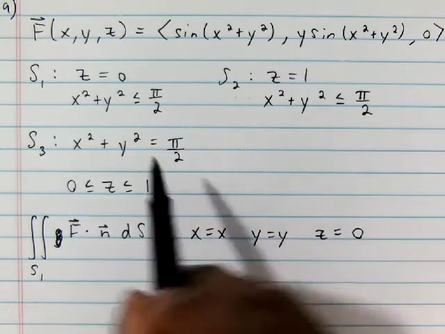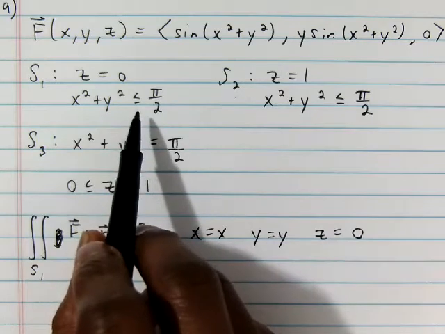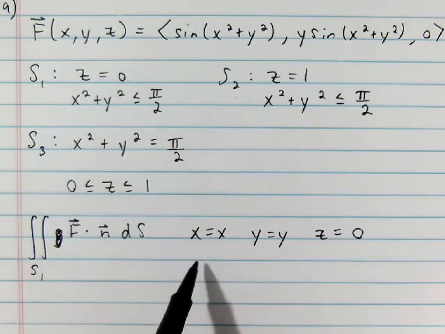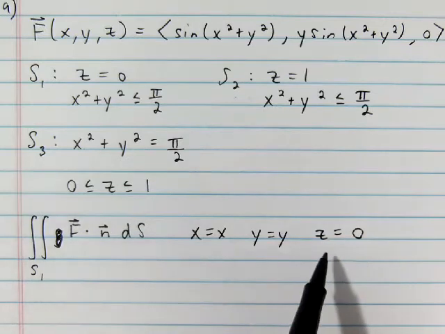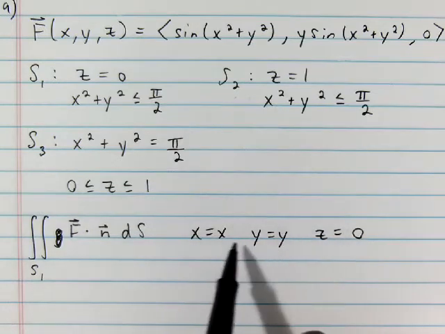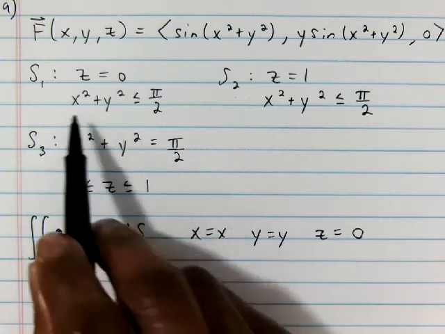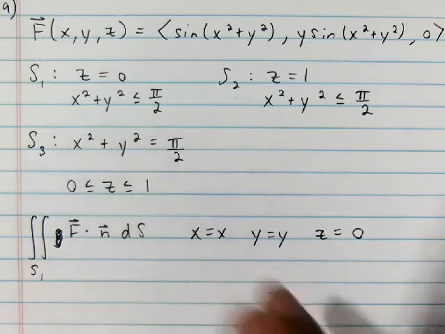Because this region right here is a circular region, in all likelihood, I can do one of two things. I can switch to a cylindrical or polar parameterization in terms of x and y, or I can go ahead and set things up, see what my integrals are going to actually look like, and then see if I even need to deal with that. So let's set up the integral.